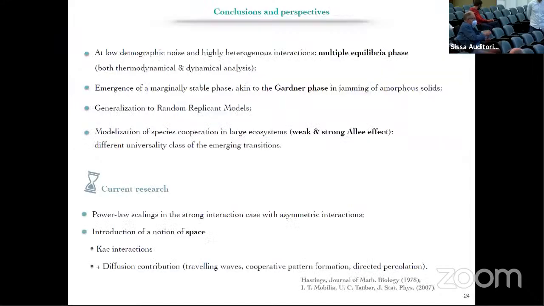Yes, okay. So as I said, this first model, the Lotka-Volterra model, can be generalized to these random replicator models that have been studied by different authors, also Tobias Galla, and there are also people in the audience like Matteo Marsilio who worked on similar models, both in economics and in game theory.